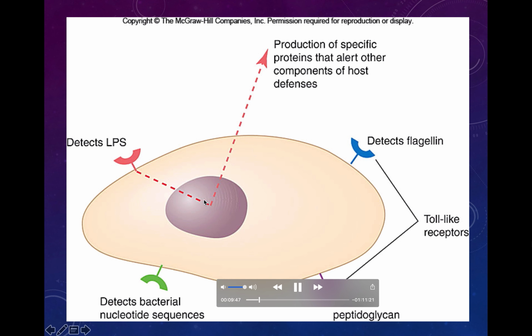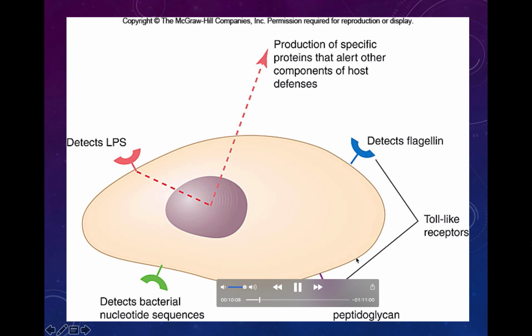For these pattern recognition receptors, almost always they will change that cell to produce something called pro-inflammatory cytokines. Cytokines are particular molecules that induce further host defense responses. So here we go, production of specific proteins that alert other components of host defenses.